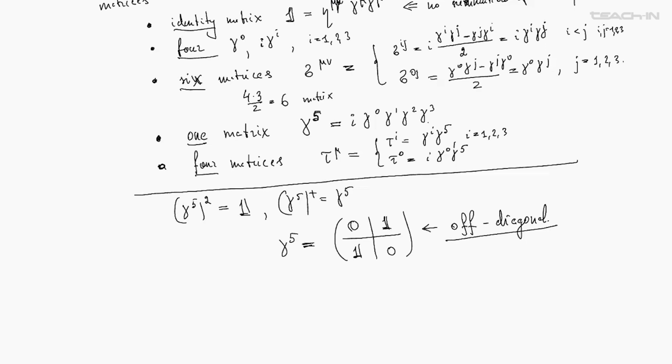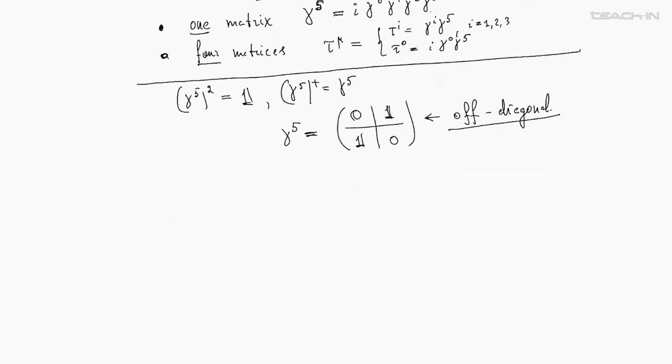Now, you can check that all other possible products of gamma matrices and their linear combinations can be expressed in terms of these 16 Hermitian matrices we have introduced by means of linear relations.